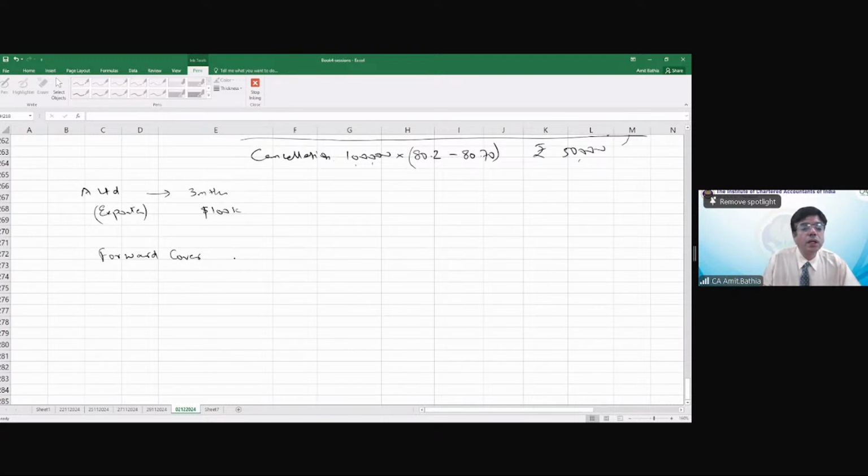Forward cover is taken at the rate of $1 is equal to 80.50. The spot rate is $1 is equal to 80.